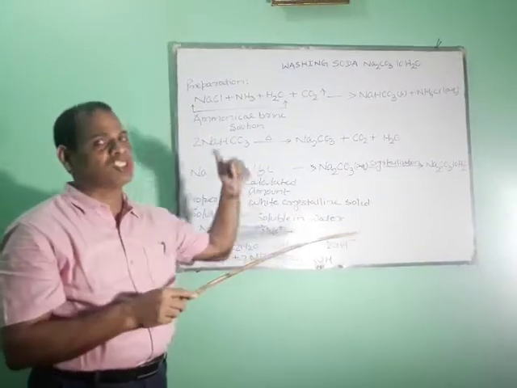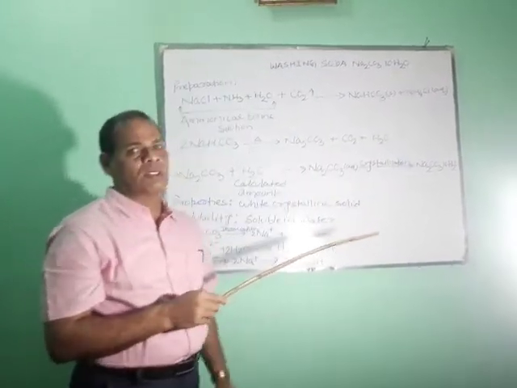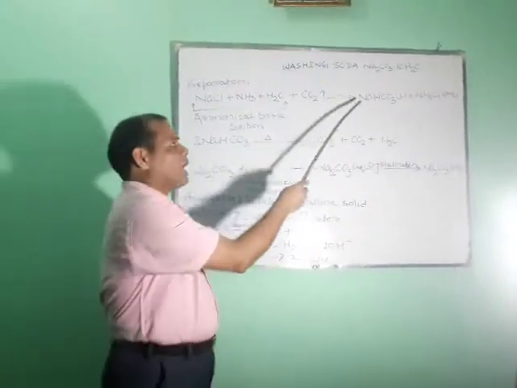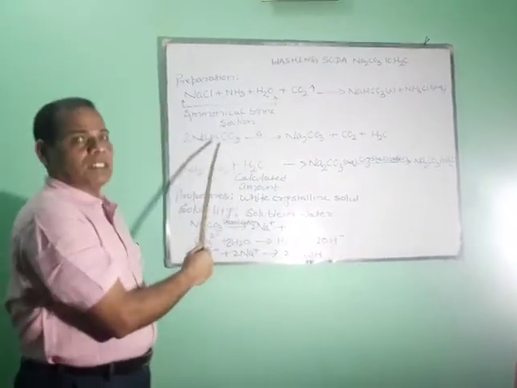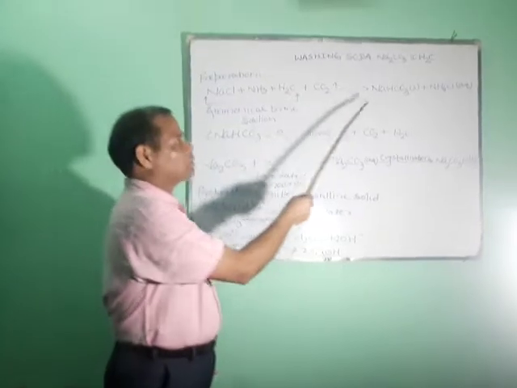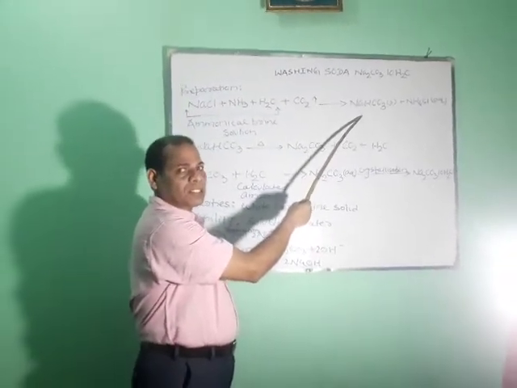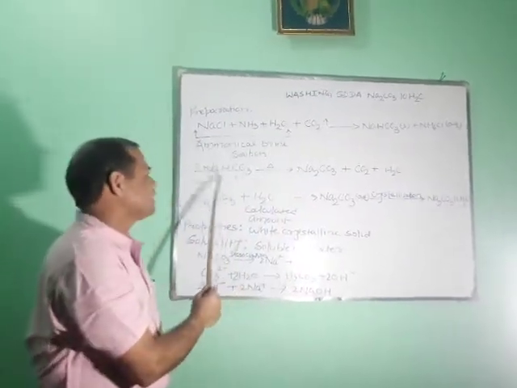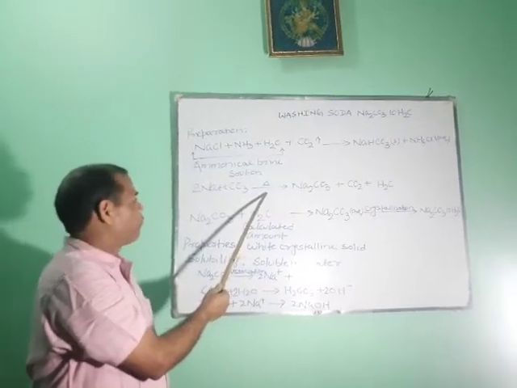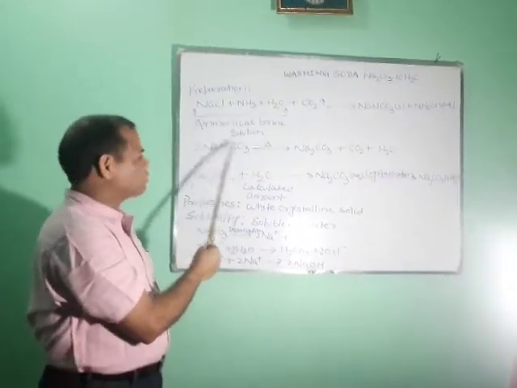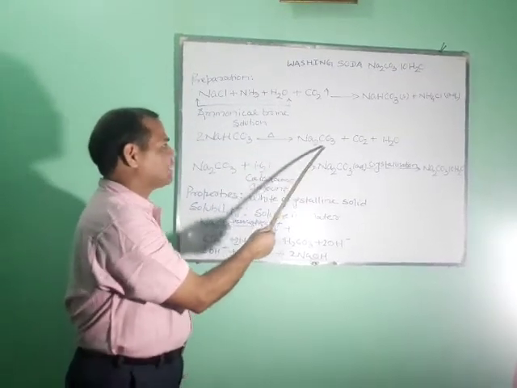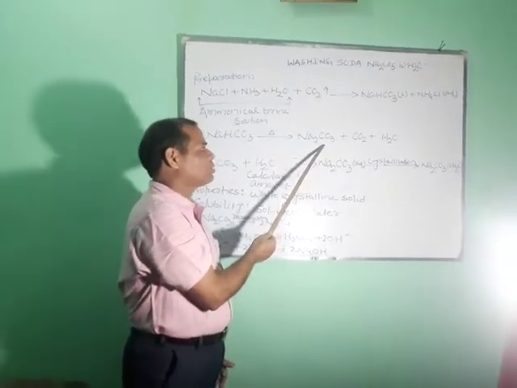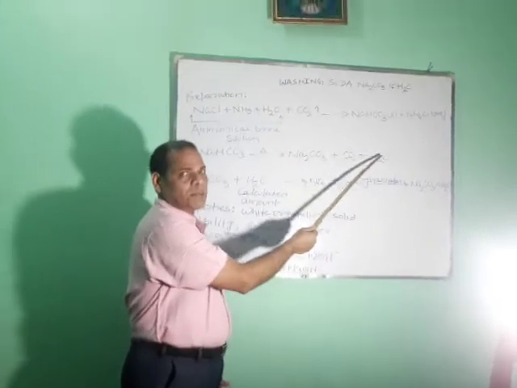After filtration, dry it and then heat it. When sodium bicarbonate, or sodium hydrogen carbonate, is heated strongly, it gives sodium carbonate, carbon dioxide and water.